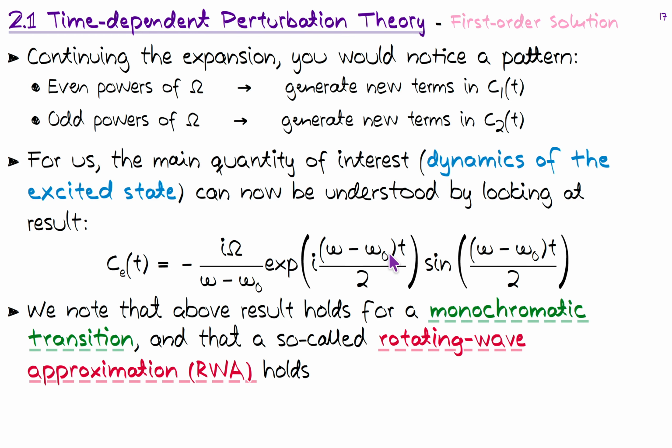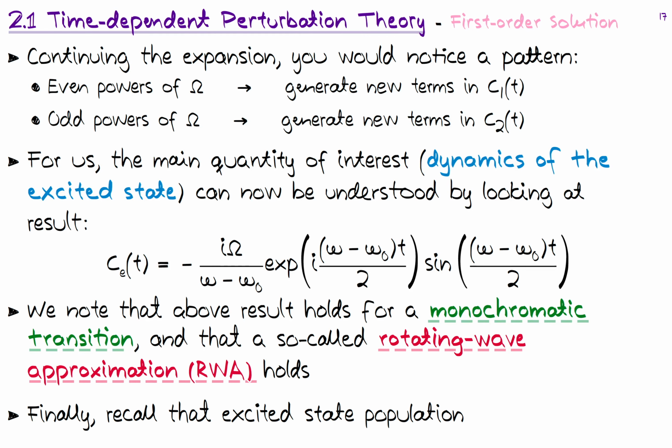We are mostly interested in how the different expansion terms differ with respect to the frequency difference, and not in how they oscillate with respect to omega or omega naught. We are only interested in the relatively slow dynamics of the system and not the quick oscillations happening at omega and omega naught. That is the physical meaning of the rotating wave approximation.